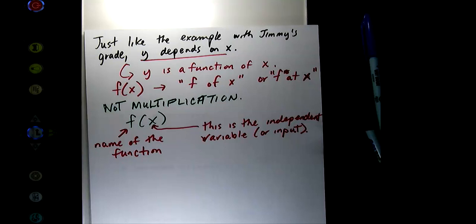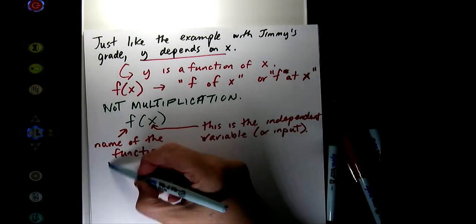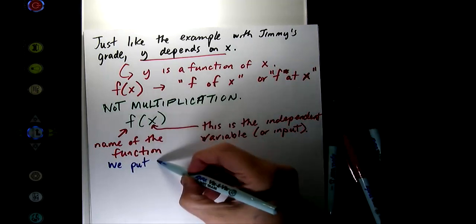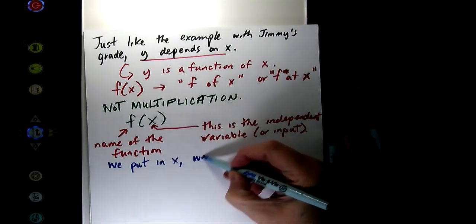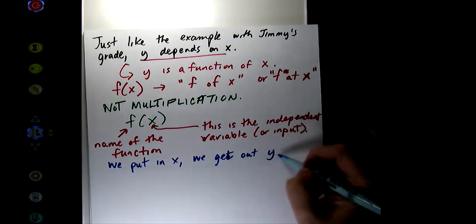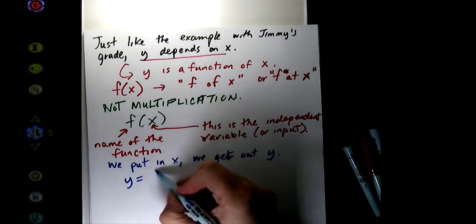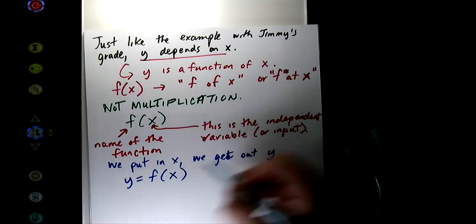And what happens is we put in x, we get out y. So when you evaluate f at a value, we get y equals f at x.